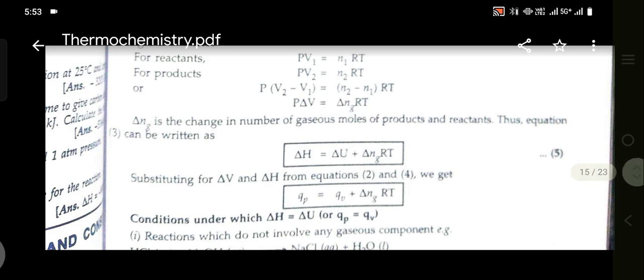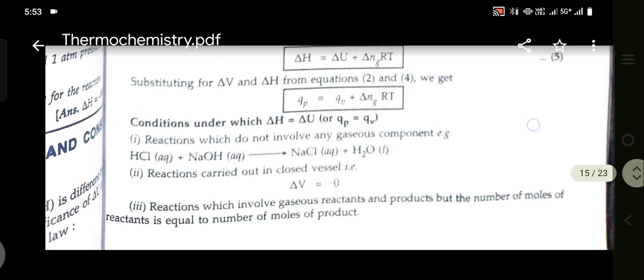Delta ng is the change in the number of gaseous moles of products and the reactants. Thus, the reaction can be written as delta H is equal to delta U plus delta ng RT. Substituting for delta U and delta H from the above equation, we get QP is equal to QV plus delta ng RT.